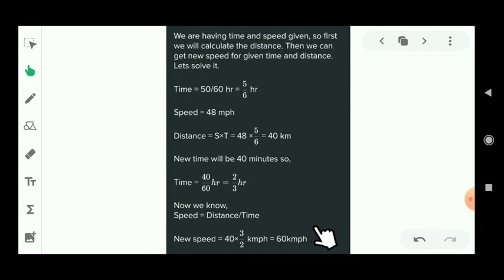And the time is 2 upon 3, so it will be multiplied by 3 upon 2, and after calculating, its value will be 60 kilometer per hour. And students, in this question the options are not right, so you have to change any one option and write there 60 kilometer per hour.